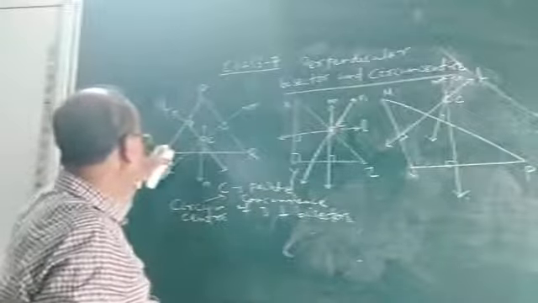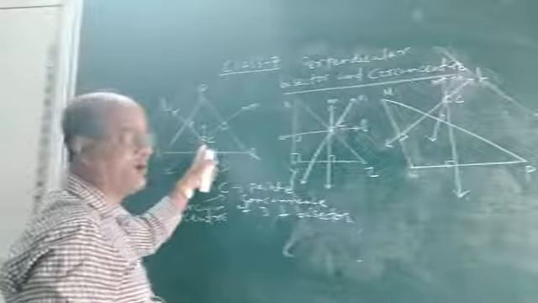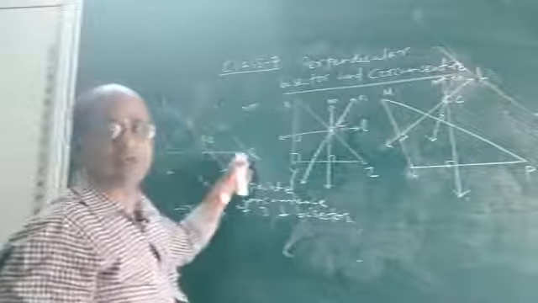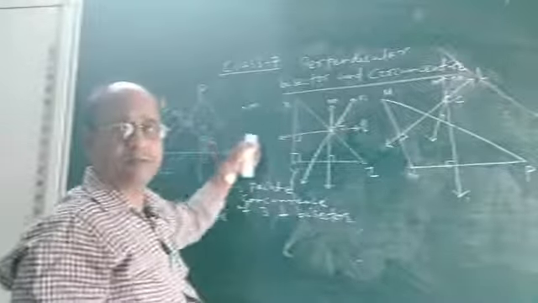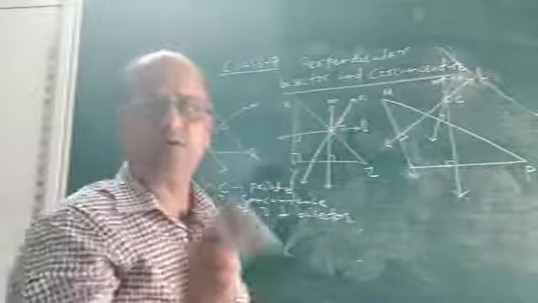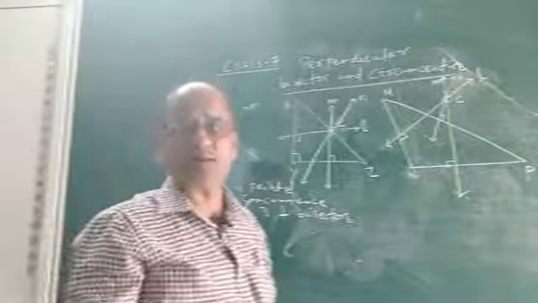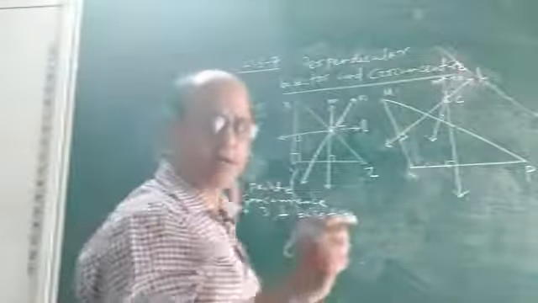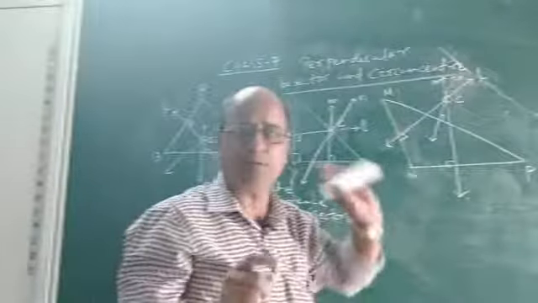The point through which the perpendicular bisectors of PQ and QR pass, automatically through that point the perpendicular bisector of the third side will also pass. So you can draw only two, there is no need to draw the perpendicular bisectors of all three sides of a triangle, whether it is acute, right or obtuse.